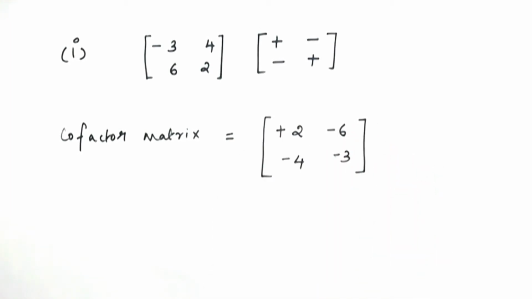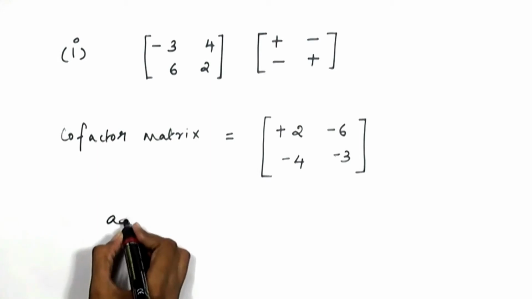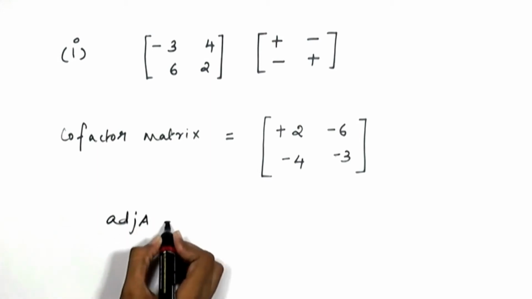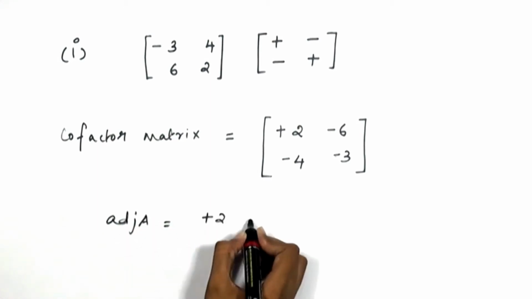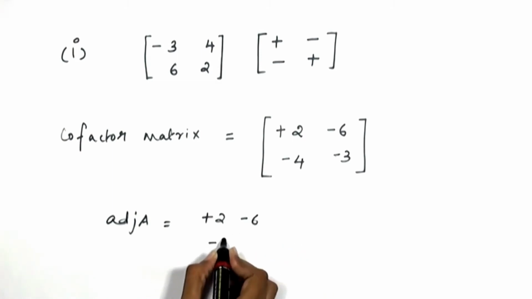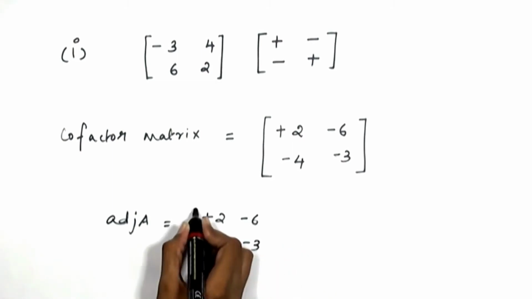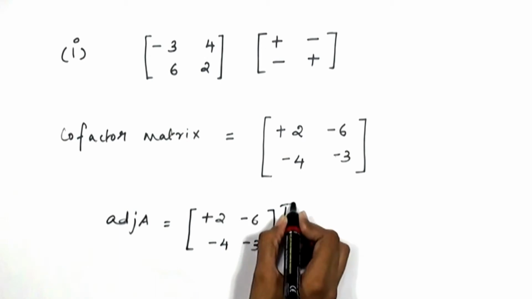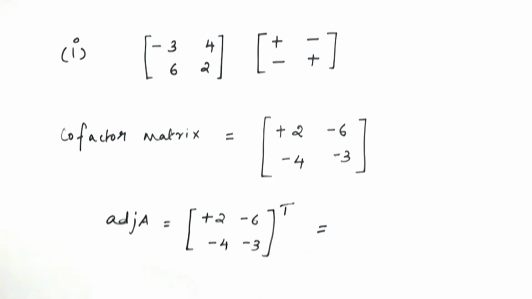In order to find the adjoint A, we'll be transposing the cofactor matrix. So adjoint A is equal to the transpose of the matrix +2, -6, -4, -3. Transpose is nothing but converting rows into columns.